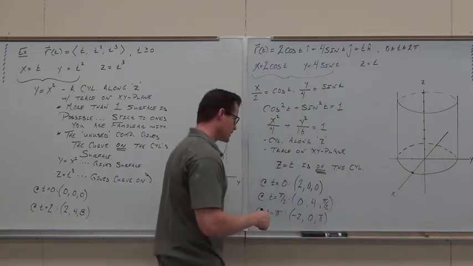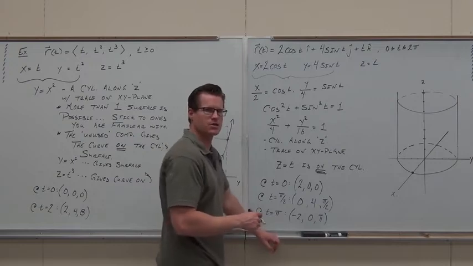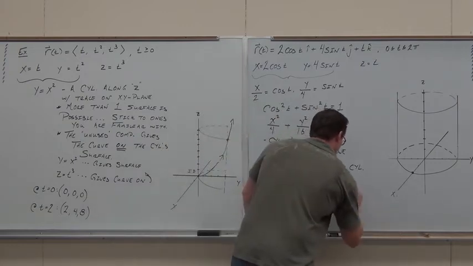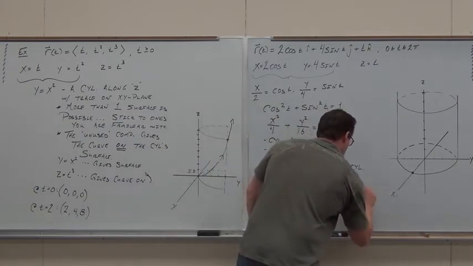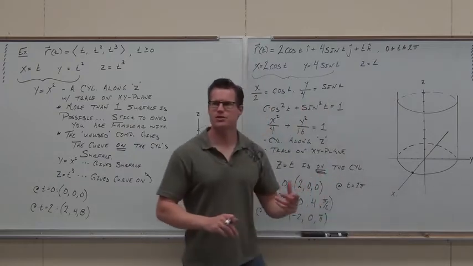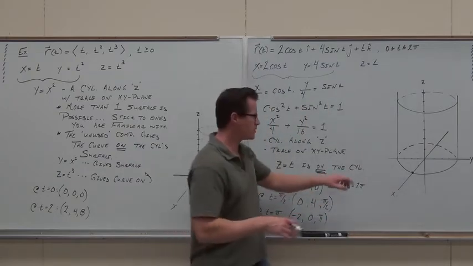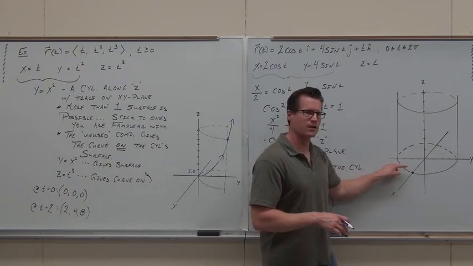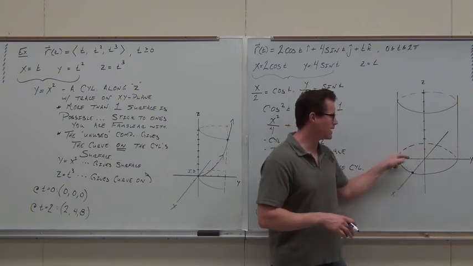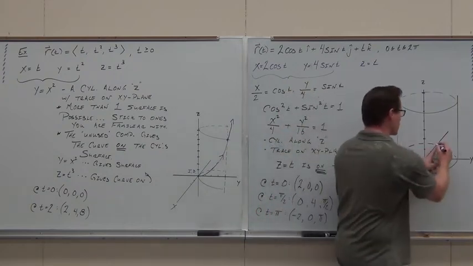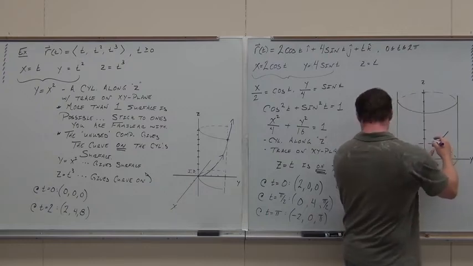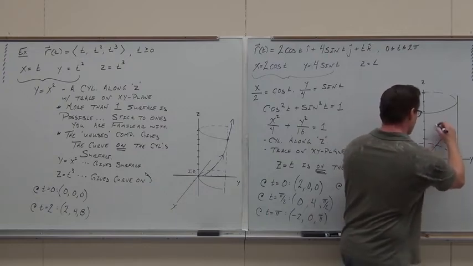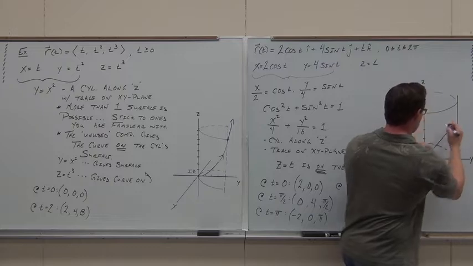What's going to go on? And the last one I'd plug in, I'd probably just plug in 2 pi just to see what happens. I know I'm missing 3 pi over 2, but I already see what's going on here. I know I'm starting here. I know I'm traveling along the outside of the soda can. I'm going to hit here, I'm going to hit back here somewhere. Roughly there.